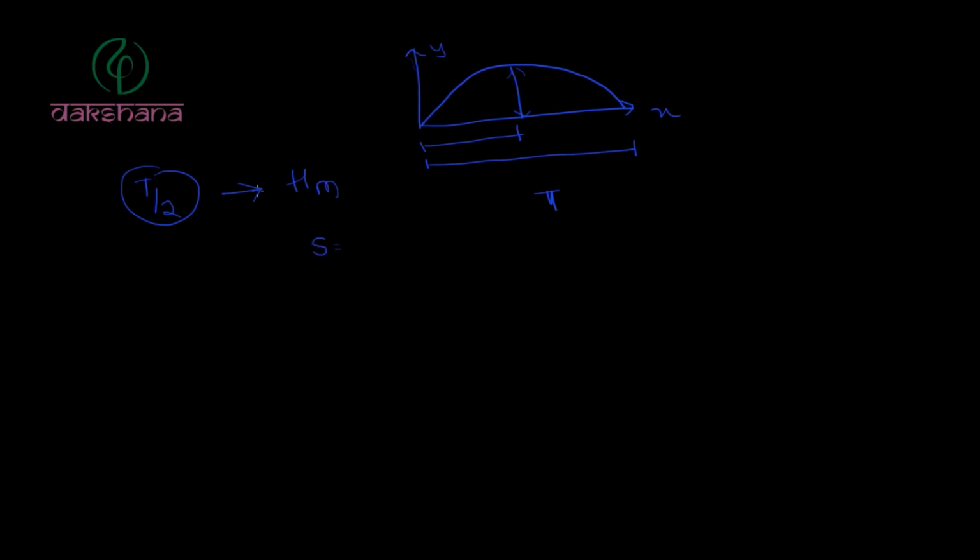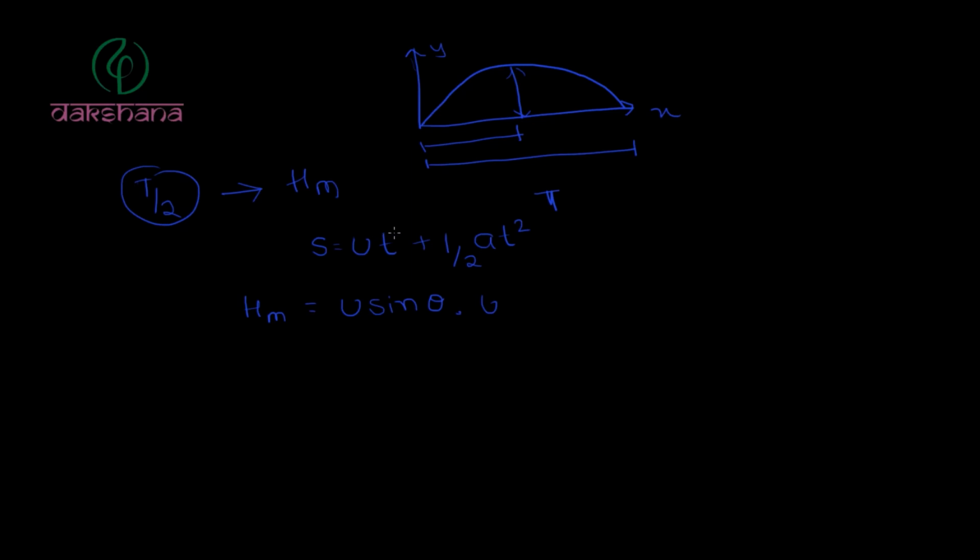So again, using the equation s is equal to ut plus half at square, where s is equal to maximum height, u is equal to u sin theta, t is equal to 2u sin theta by g by 2.